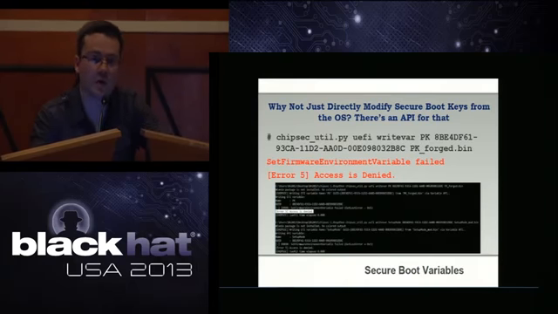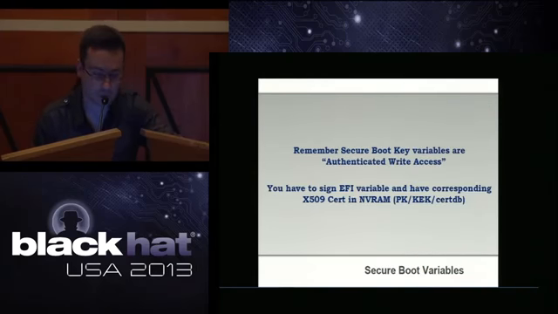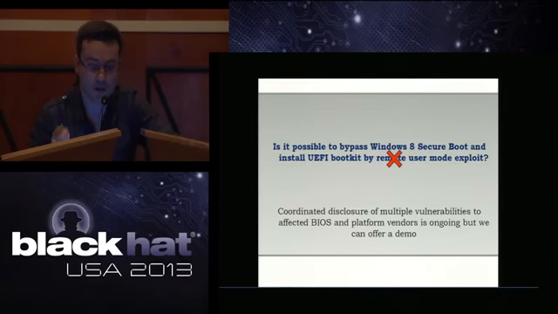If you recall, the keys are protected, they are authenticated variables, so you cannot just directly modify them through the Windows API. The access is denied, right? You have to sign the updates. But we still want a user mode exploit.